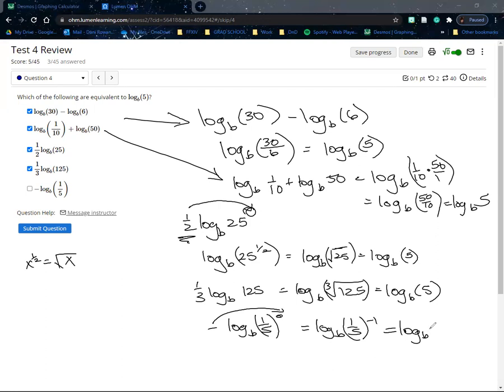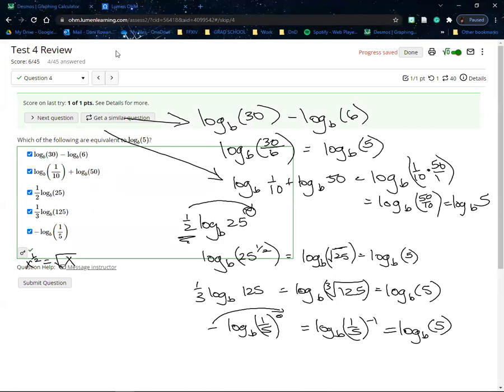It flips it, right? Inverts it to just 5. So all of these are equivalent to log base b of 5.